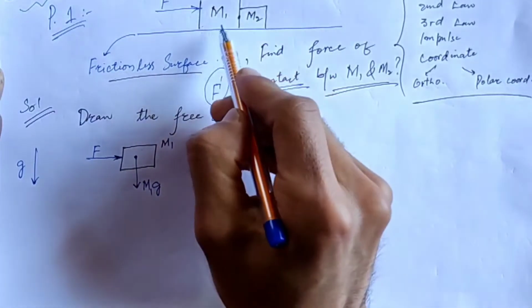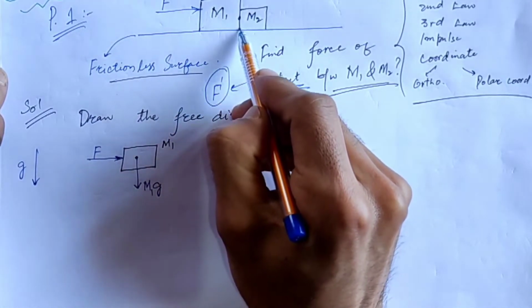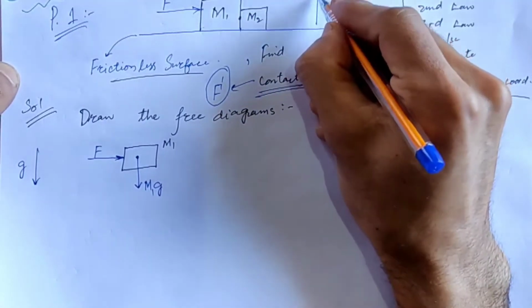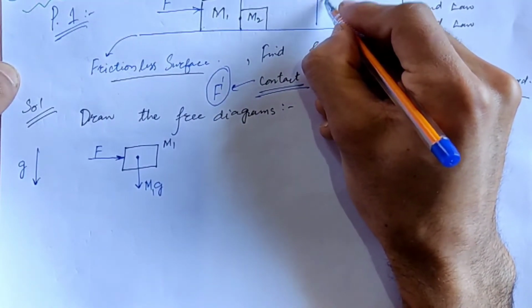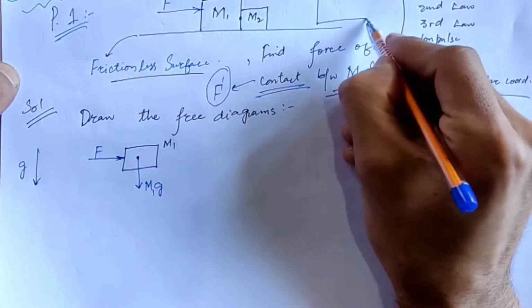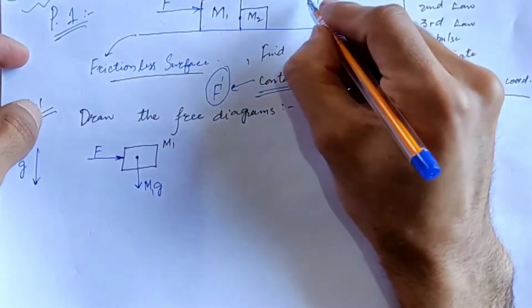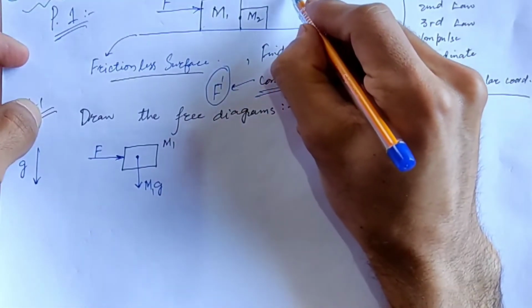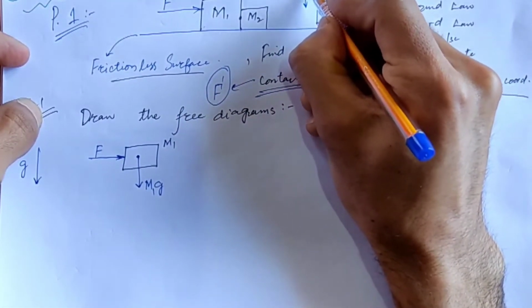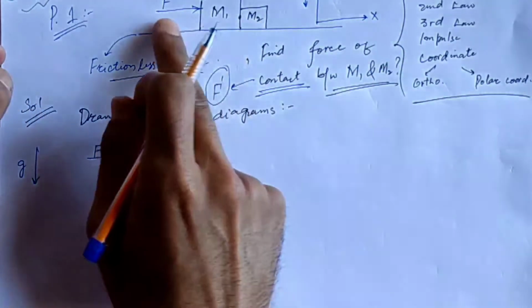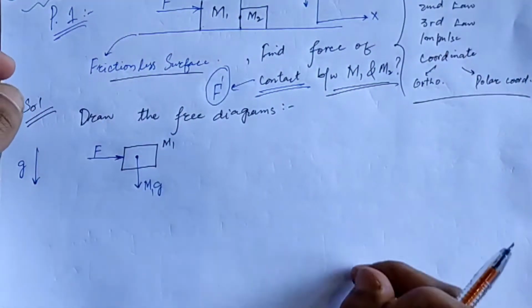But we see that this body is not set in motion in this direction. Say this is the y-axis, and this is the x-axis. No motion is in the y direction, only the horizontal direction, the x-axis.